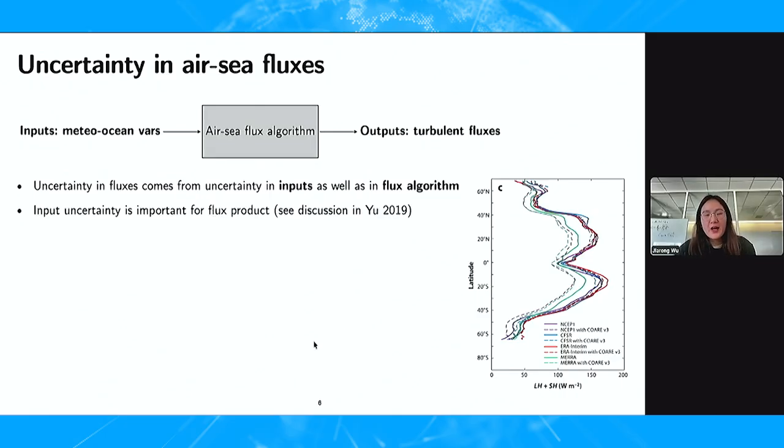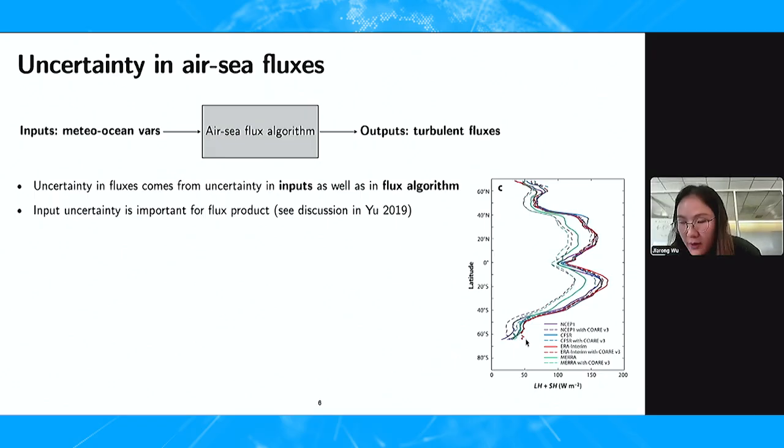And there has been a discussion about the relative magnitude between these two sources of uncertainty for flux products. And in this figure from Yu 2019, it's shown that both contribute to the flux uncertainty.